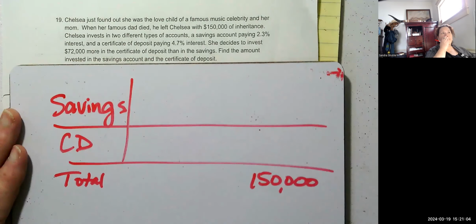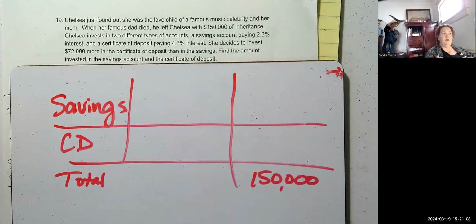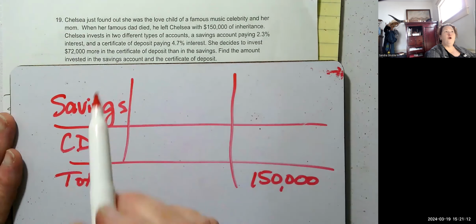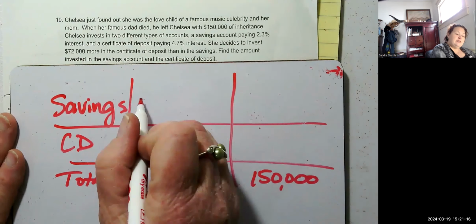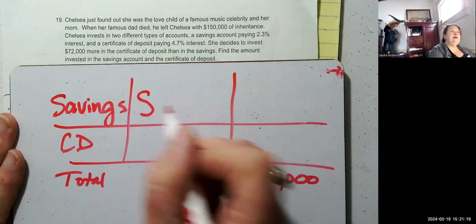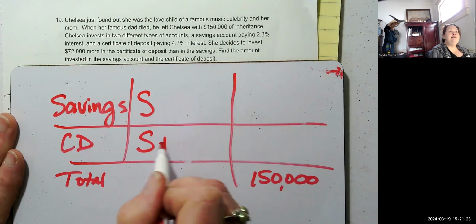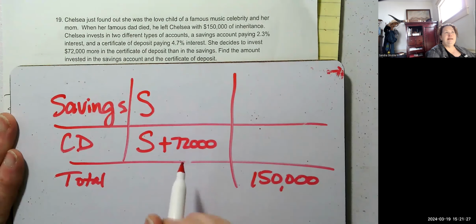Okay. So that means that she invested part of it in one and the other part in the other. She decides to invest 72,000 more in the certificate of deposit than she does in the savings. So the savings is just S, and the CD is the amount she put in savings plus 72,000. She put in 72,000 more in her CD.